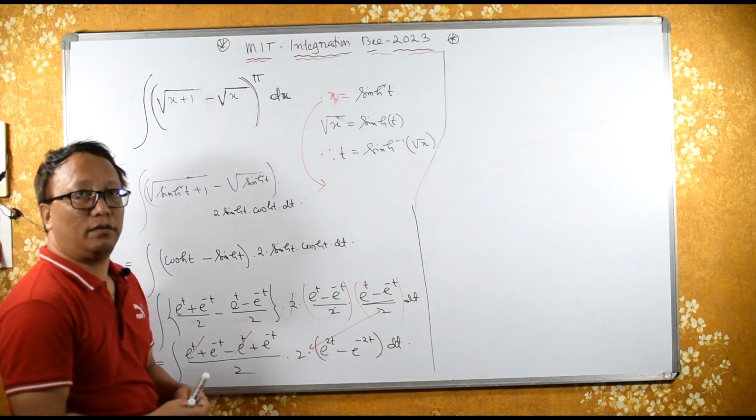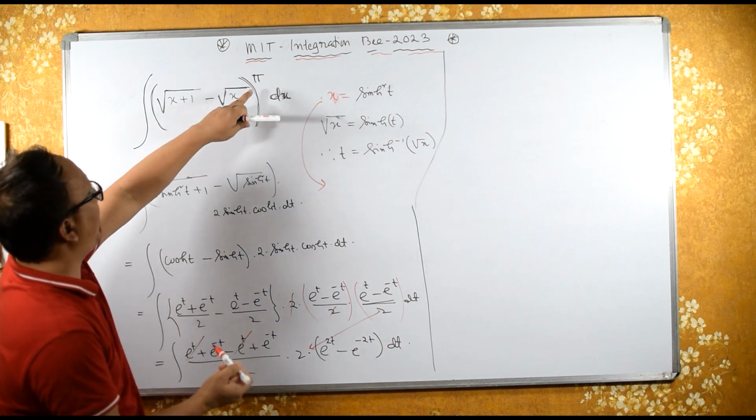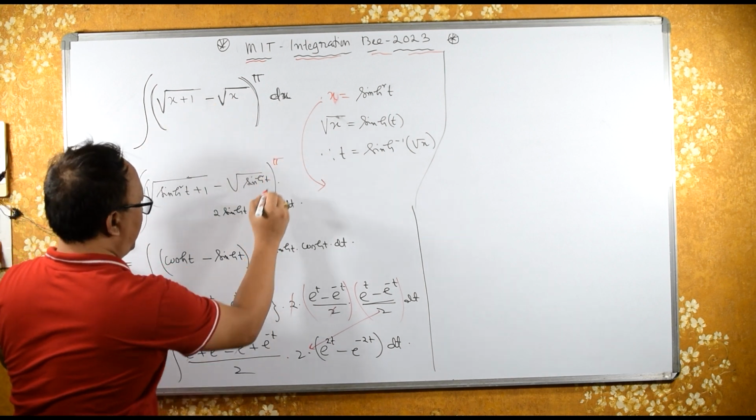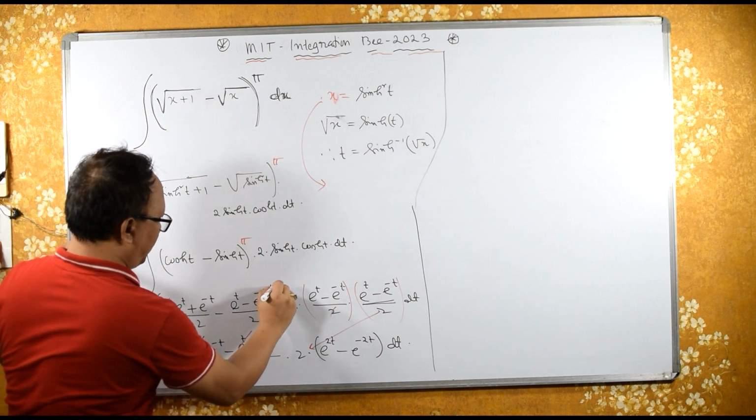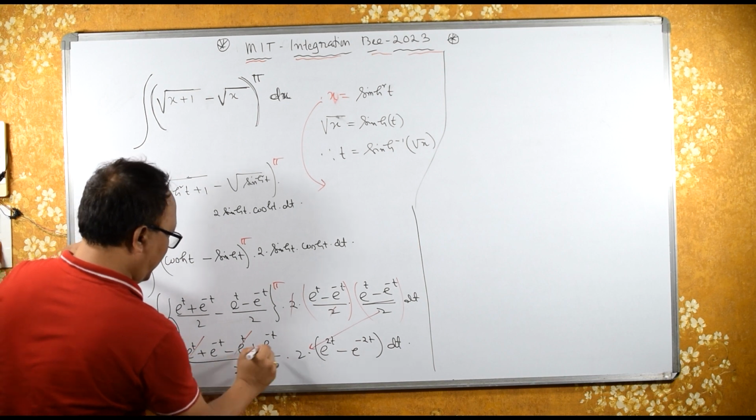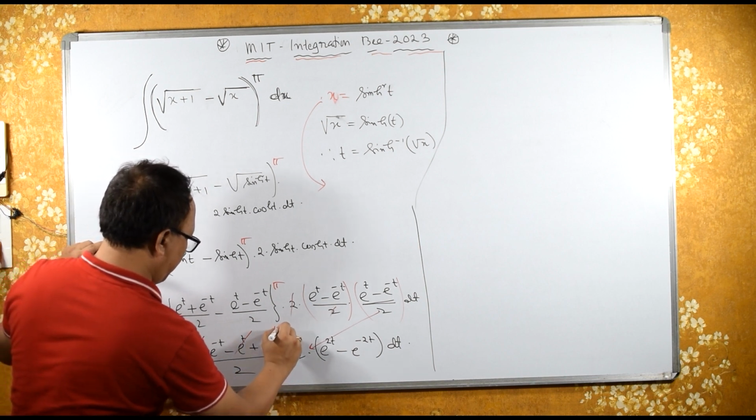dt. Now we forgot over here, pi is there. Here we have pi, here also we have pi.